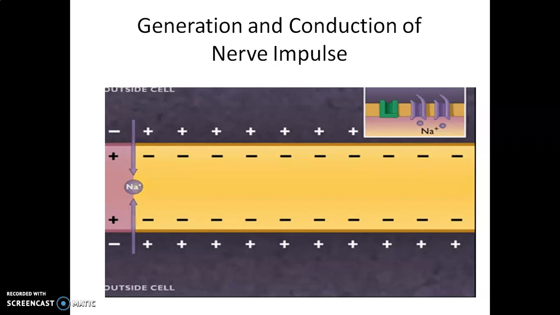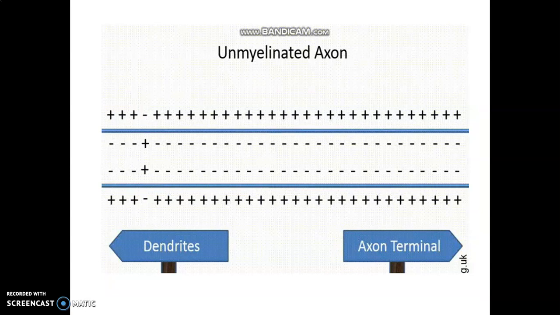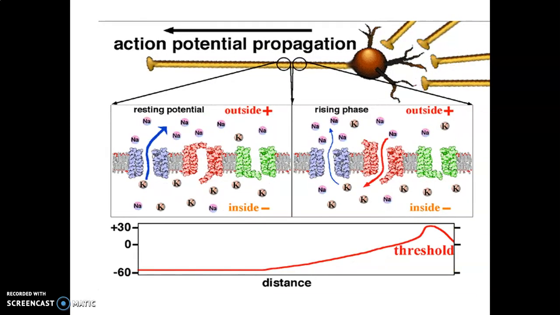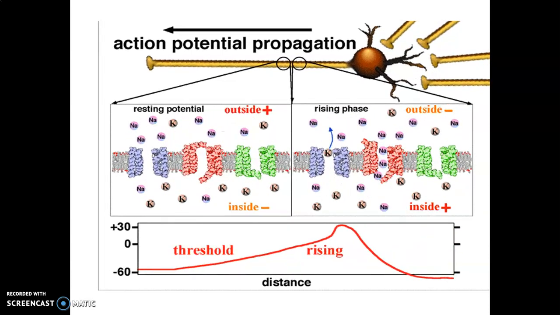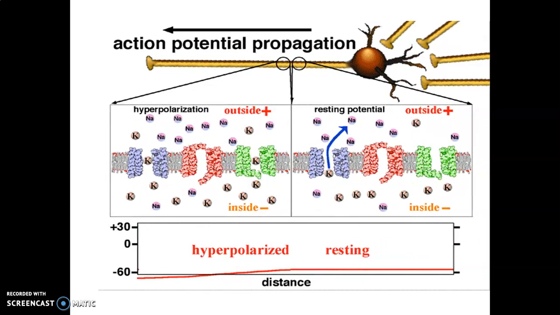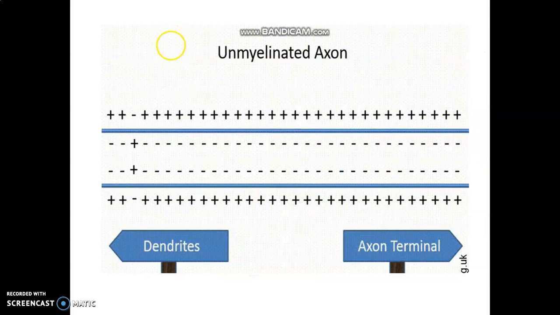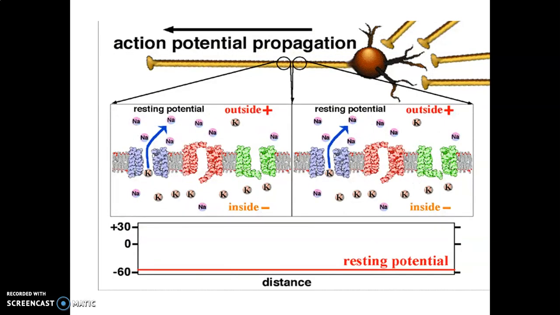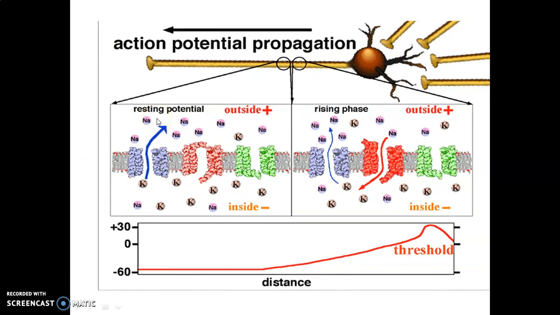These ionic gradients across the resting membrane are maintained by active transport of ions by the sodium-potassium pump, which transports 3 sodium ions outwards for 2 K+ ions into the cells. As a result, the outer surface of the axonal membrane possesses a positive charge while its inner surface becomes negatively charged. The electrical potential difference across the resting plasma membrane is called resting potential. So, you can see the resting potential here.